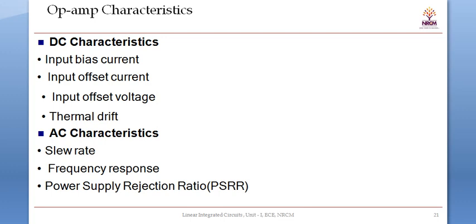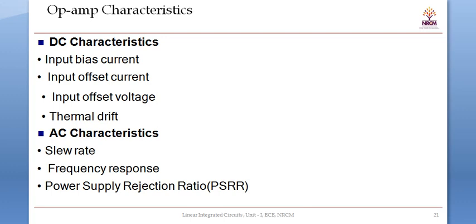Input bias current is an average of currents flowing into the inverting and non-inverting input terminals of the op-amp. When the inverting and non-inverting input terminals of the op-amp are grounded, some small current still flows into these input terminals.